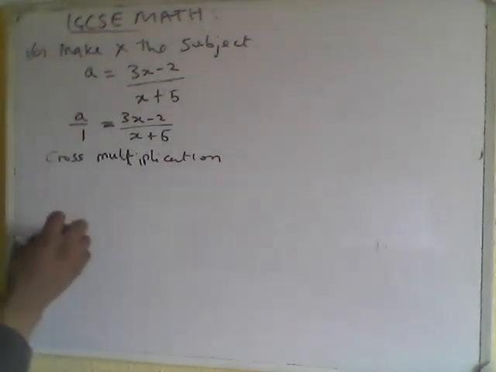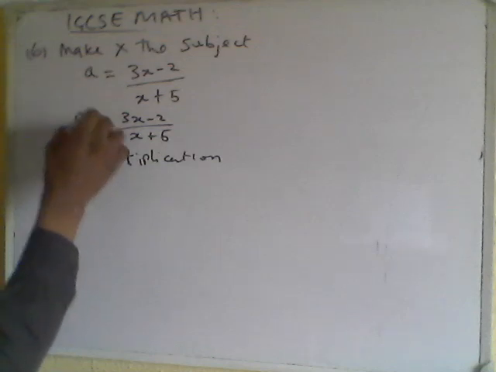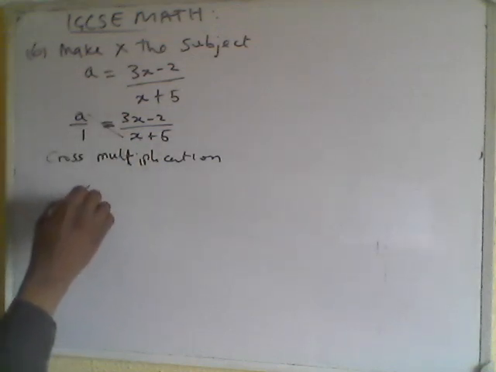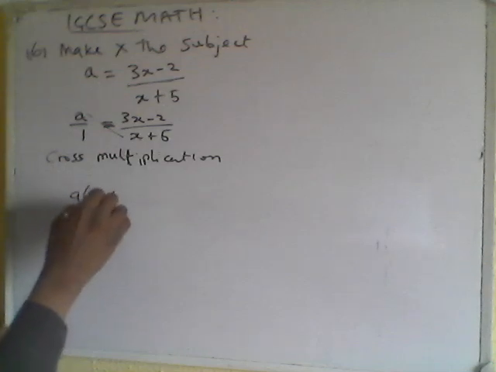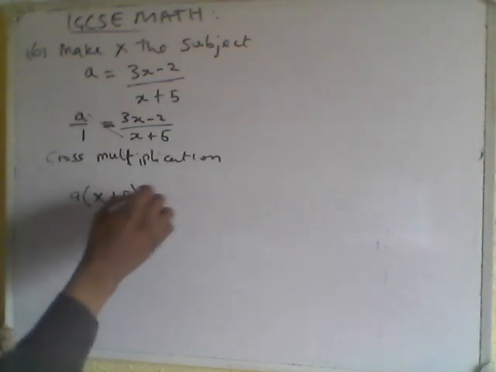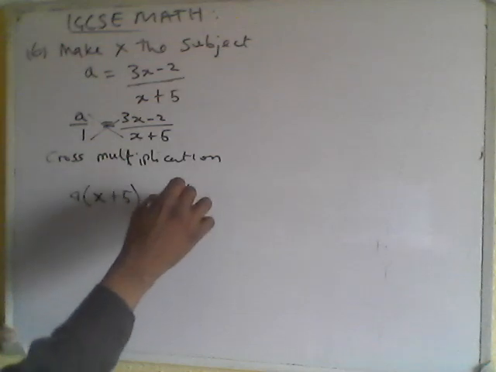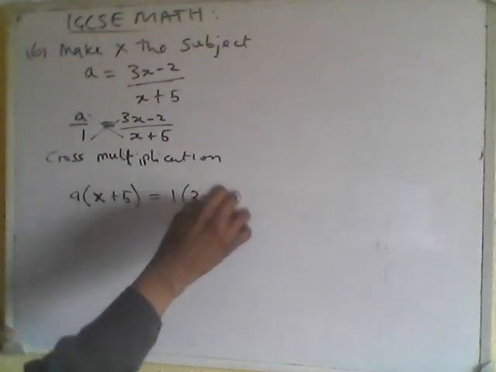So cross multiply means that if I follow an arrow like this, it means that a is multiplying this. So I will say a, open bracket, x plus 5, close the bracket, then equals, this one multiply this one, 1, open bracket, 3x minus 2, close bracket.